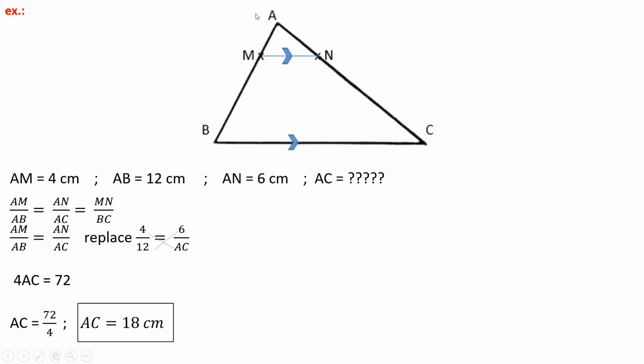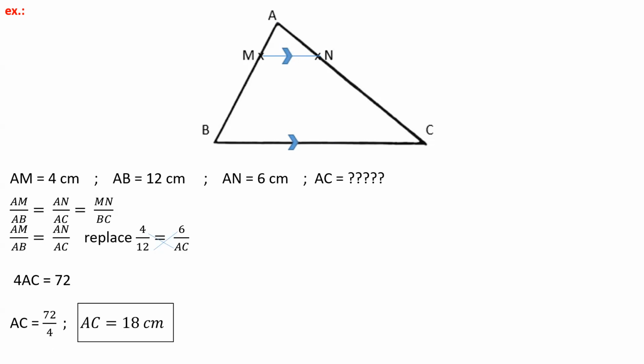Let's take an example. We have a triangle ABC. We placed M on AB between them, so I place N on AC between them. So we get MN parallel to BC. I have the measure of AM, AB, and AN, and I should calculate the measure of AC. Why do I use Thales theorem?